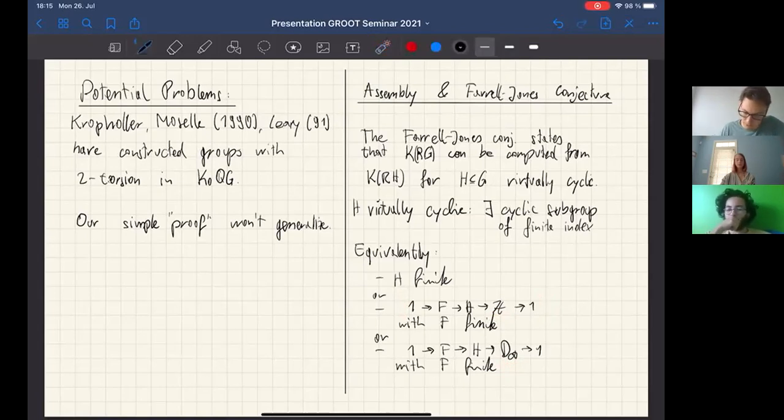Let me quickly, for those that don't know, say the infinite dihedral group is isomorphic to a free product of the cyclic group with two elements with itself, or it's given as Z acting on Z/2, where the conjugation sends an element to its inverse, or to minus.